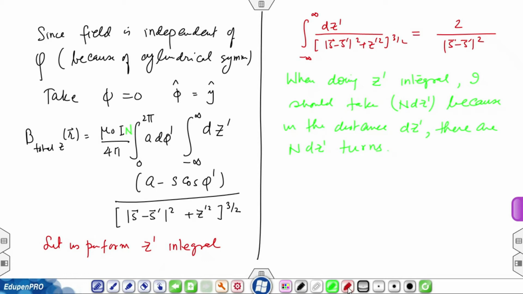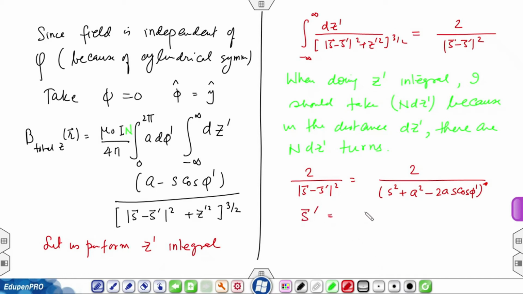Now, I can expand this. So, 2 over mod s minus s prime square is nothing but 2 divided by s square plus a square minus 2 a s cosine of phi prime. There is no power, there is square itself, because s prime vector is a s prime unit vector, and the angle between s unit vector and s prime unit vector, s I am taking to be x, is nothing but phi prime.